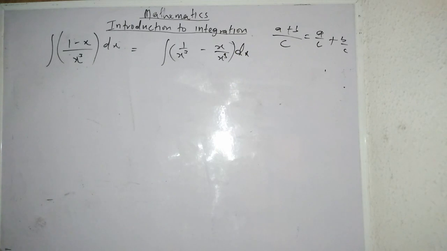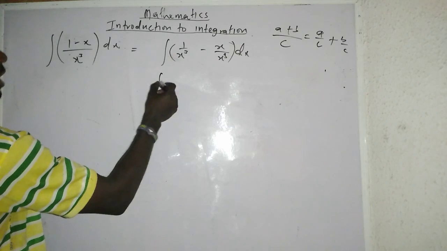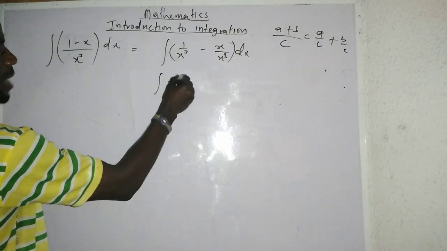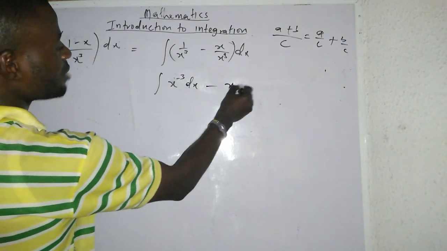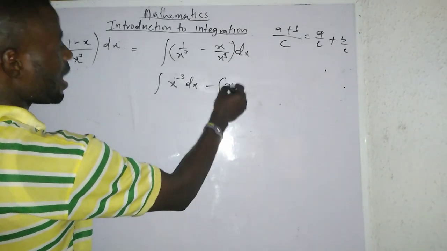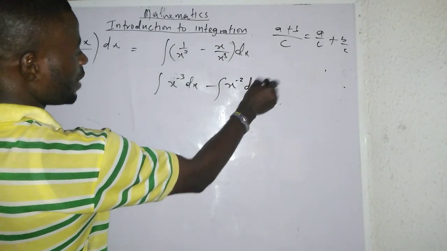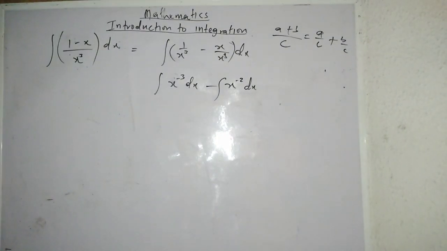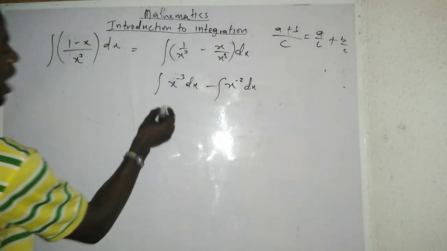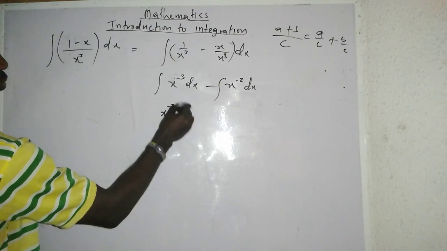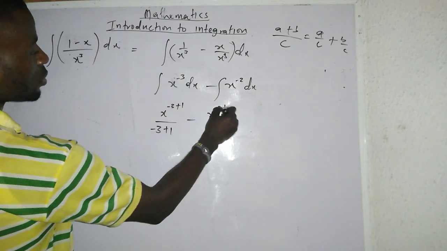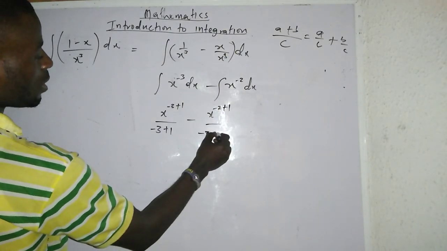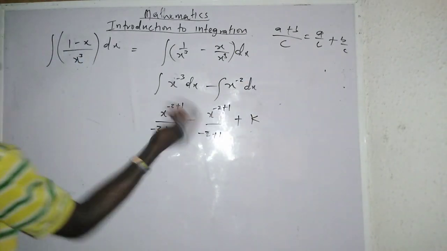Now, if I go for the property of integration, I can rewrite this as the integral of x raised to power minus 3, which is the inverse of it, minus x raised to power minus 2, with respect to x. Now, at this point, I want to add one to the power and divide.